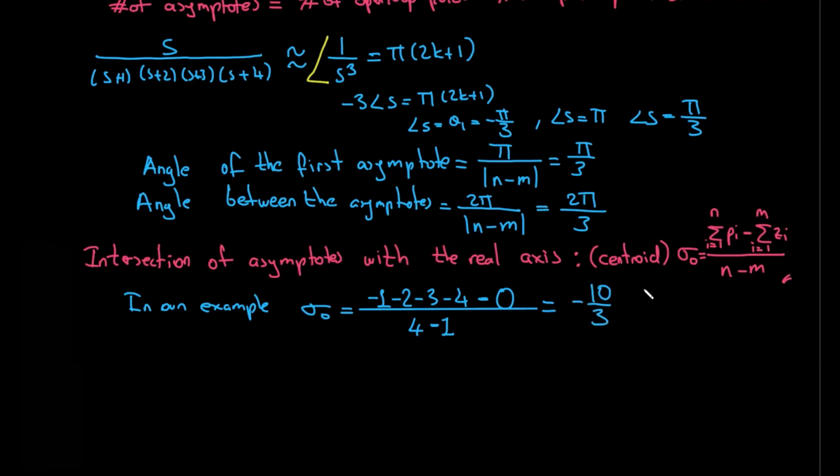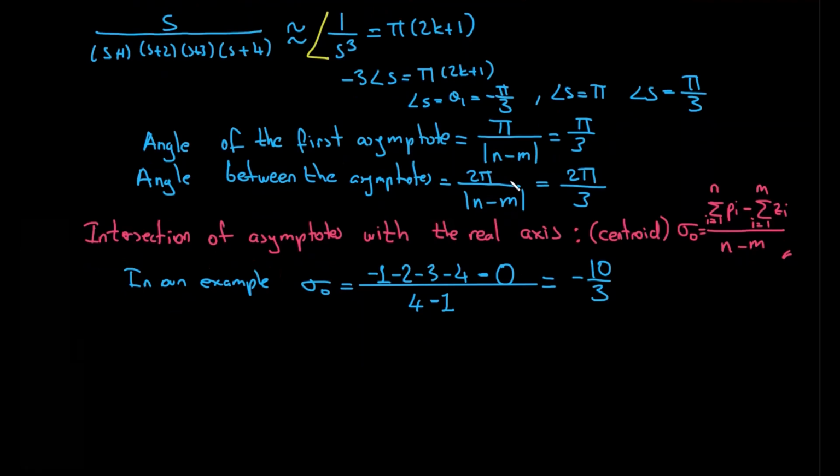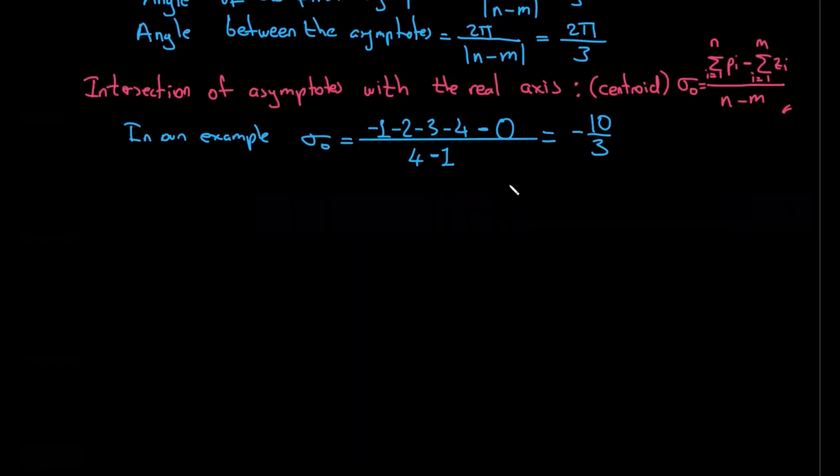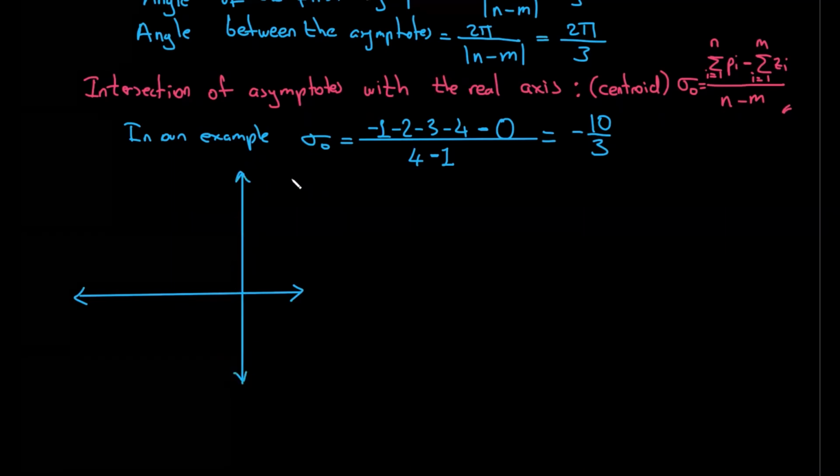Okay. So now I have enough material to sketch my root locus. So let's do that all together by applying all the rules that I have written so far. So let this be my S-plane.